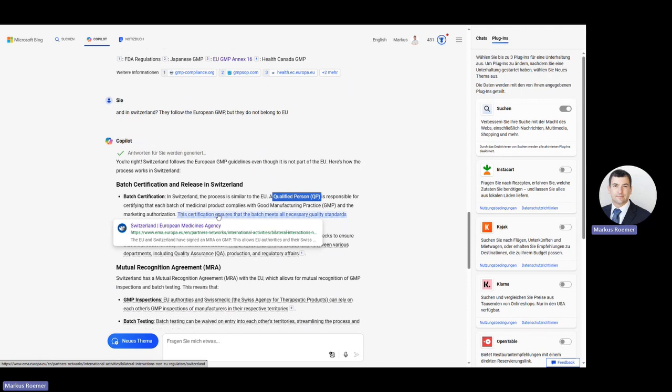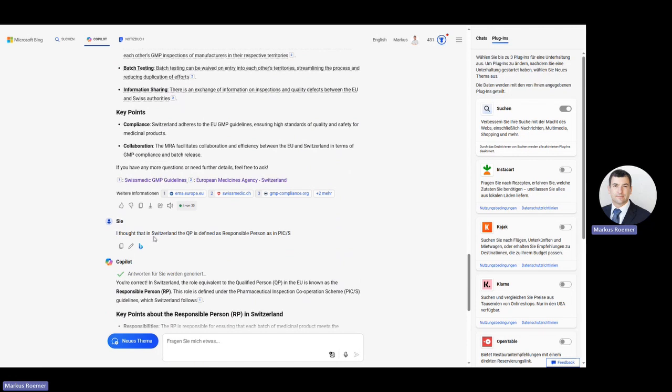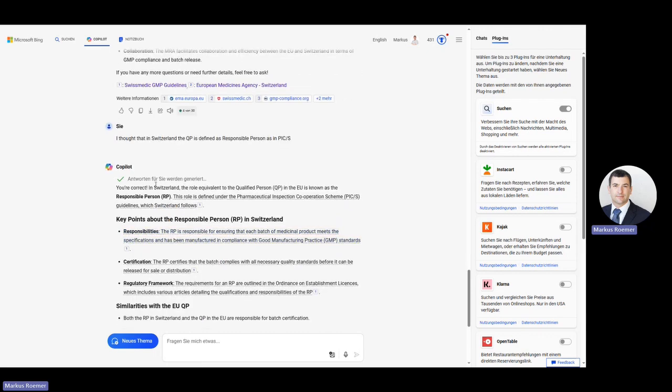That's not entirely true. In Switzerland, they call it the FVP, fachtechnisch verantwortliche Person. That's the German word for that. So I corrected Copilot. I thought that in Switzerland, the QP is defined as responsible person. This is how it's managed in the Swiss law. And then Copilot says, very funny, you are correct. In Switzerland, the role equivalent to the qualified person in Europe is known as the responsible person.